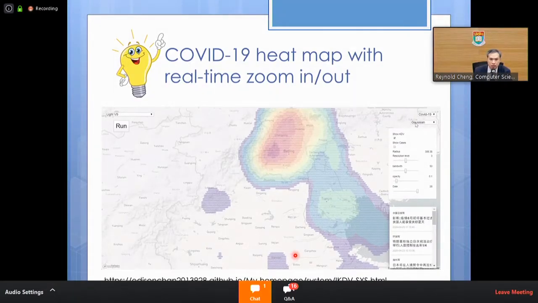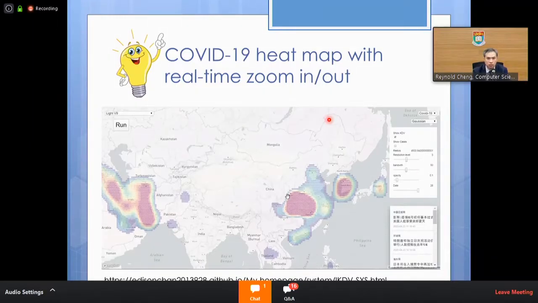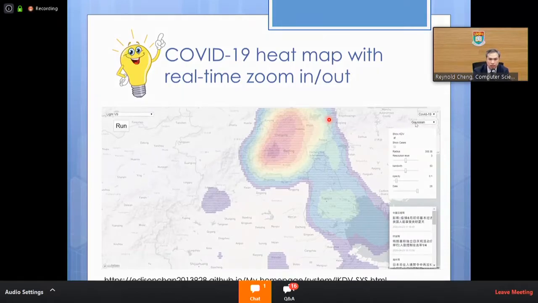Doing this zoom in and zoom out, for example, we can zoom out to this scale, requires very high computational effort, and it is not easy at all. Our team has developed so far the fastest zoom in and zoom out real-time technologies in this heat map display.